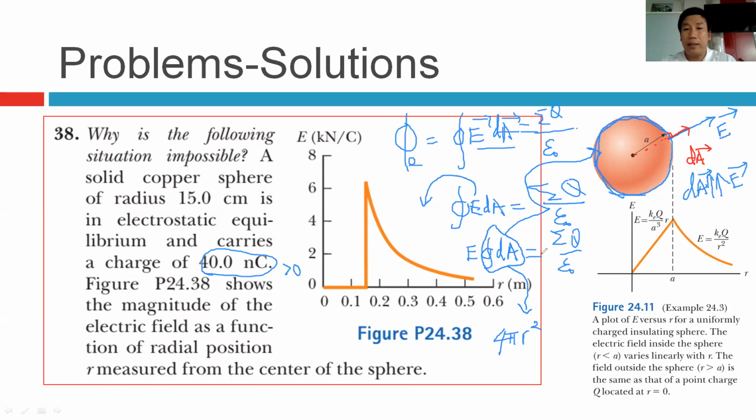This is very simple, right? 4 pi r squared. So you have E times 4 pi r squared equal to the total Q over epsilon 0. You have the total Q here, so you can determine E equal to Q over 4 pi epsilon 0 r squared.